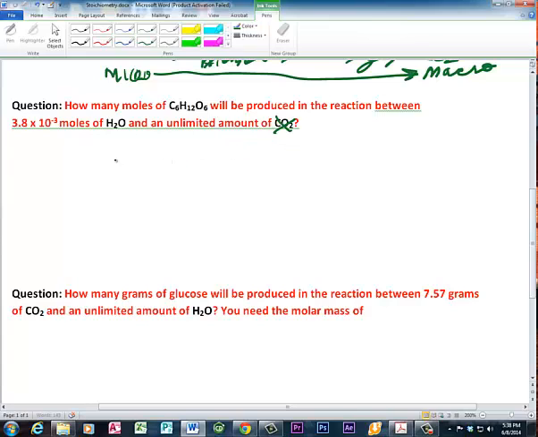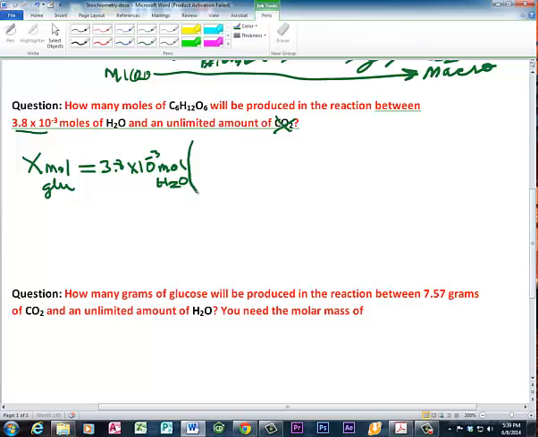So we don't need to worry about CO2. What we're looking for, though, is X moles of glucose. So I'll just call this GLU, and we'll set that next to an equal sign. On the other side is the other value that's given to us, which is the 3.8 times 10 to the minus 3 moles of H2O.